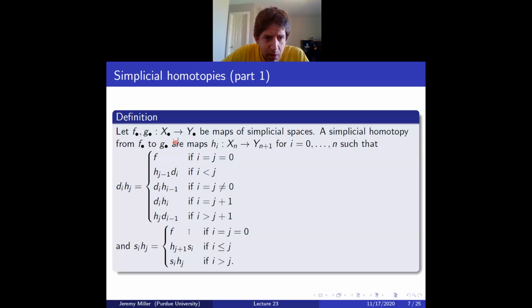G never appears anywhere, so this is not the right formula. I copied it from Wikipedia wrong, or nLab. G should appear somewhere here.